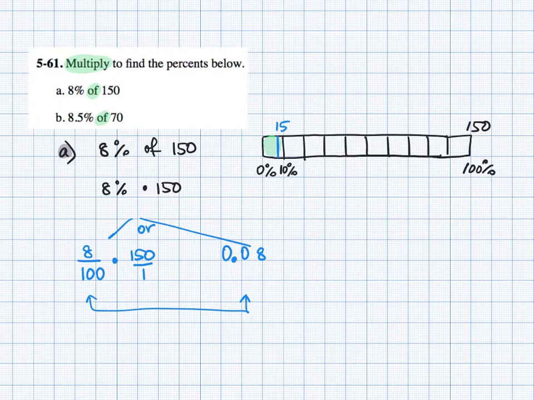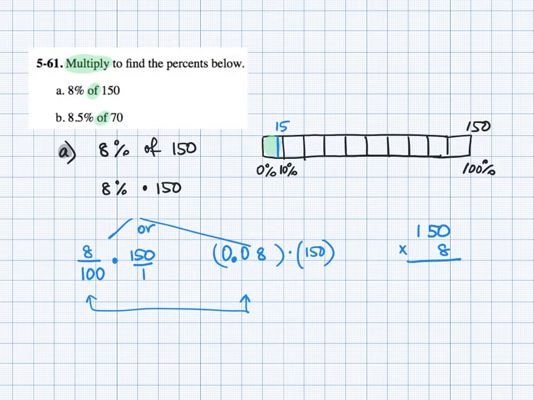Those are equivalent, different views, times 150. So we have two choices. We have to make a choice: do I want to use the fraction, or do I want to use the decimal? Either way, we would be multiplying the digits. The digits that I see to multiply are 150 times 8.